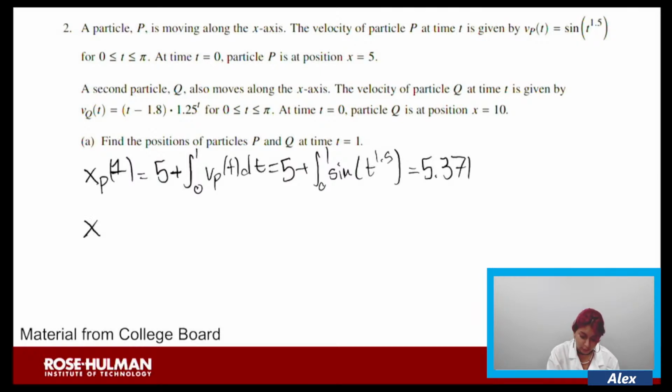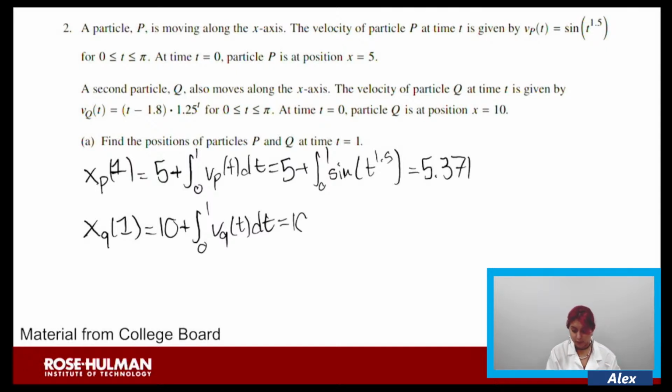For Q, we would do a similar thing of setting up your integral. This time it starts at 10. Same deal, you're going from 0 to 1, v of q this time, and then you're taking the integral with respect to t, so you'd have 10 plus the integral of your equation t minus 1.5 times 1.25 to the t power with respect to time.